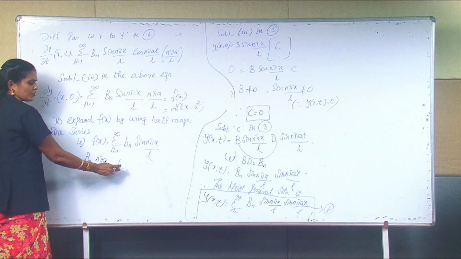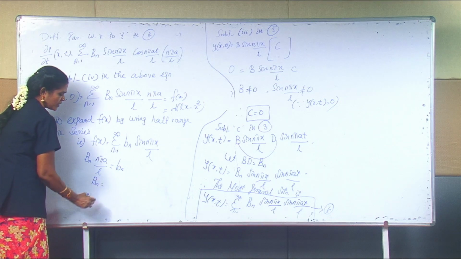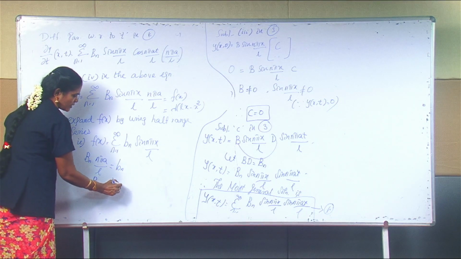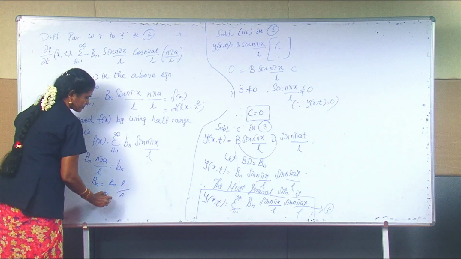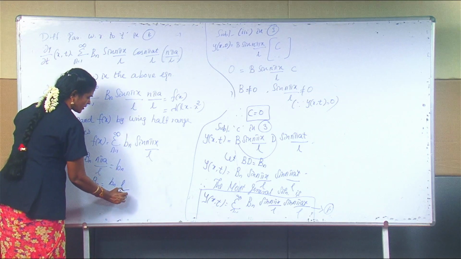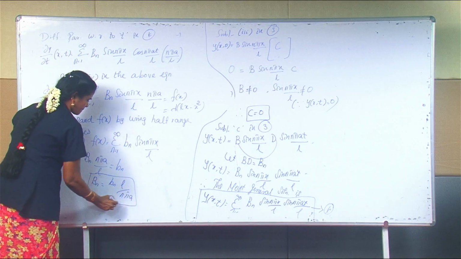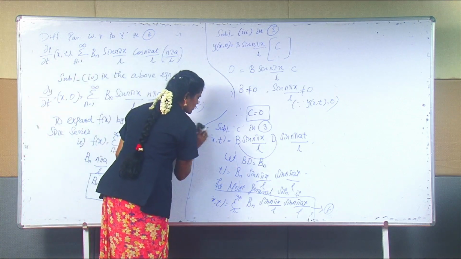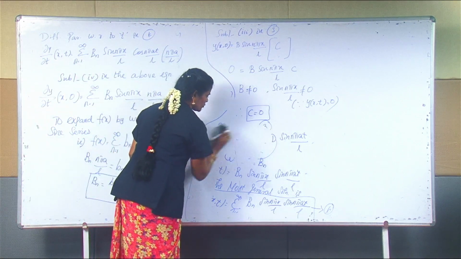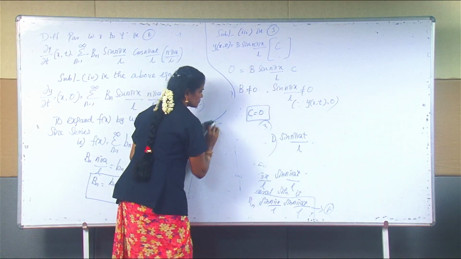So you have to find what is the value of capital Bn. We can find capital Bn by using your small bn: Bn into L divided by n pi a. So next you have to find your small bn value by using half range sine series.